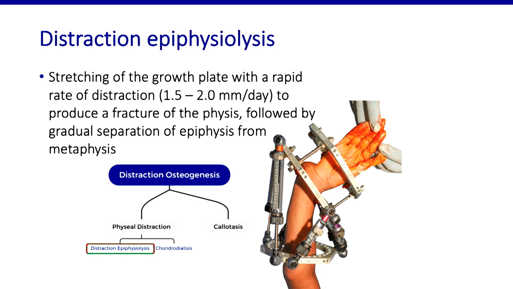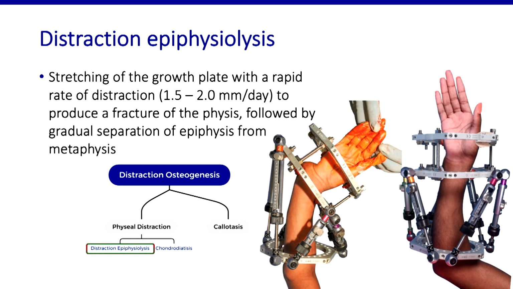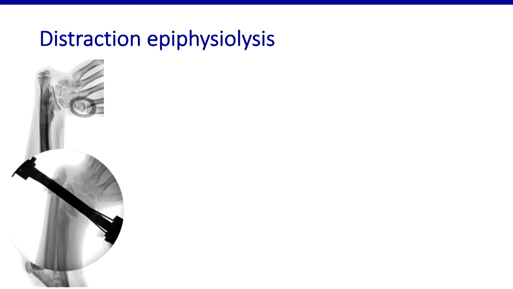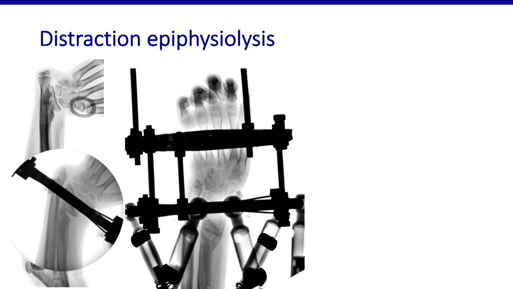This is an example of a patient with radial club hand. These are X-rays of the deformity, quite a severe deformity, very shortened radius. We did the osteotomy, applied the hexapod fixator, had to fix the wrist too, and did the distraction. And you can probably notice here that there is some difference.